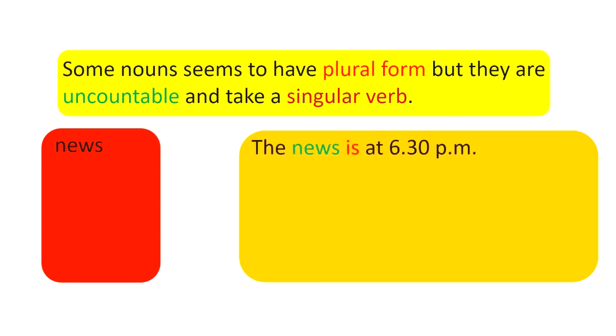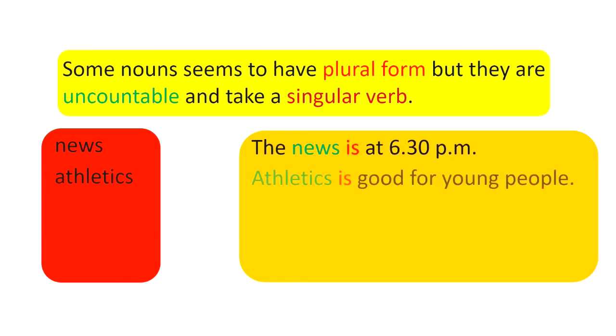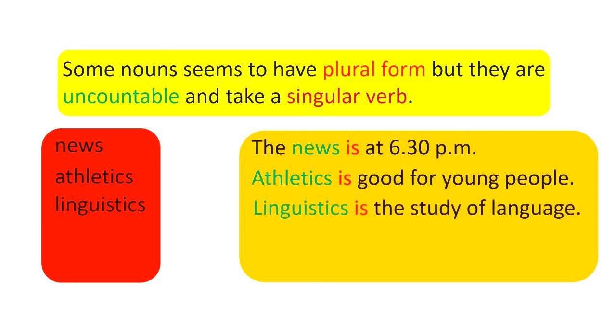The news is at 6:30 p.m. Here, news is an uncountable noun and takes a singular verb. In the same manner, athletics. Athletics is good for young people. Linguistics. Linguistics is the study of language.